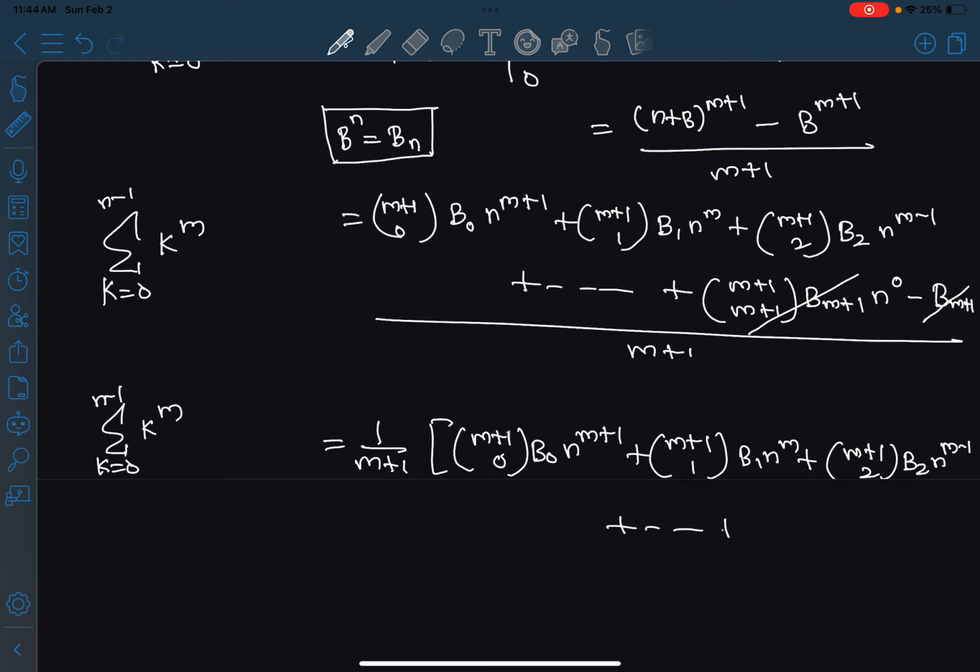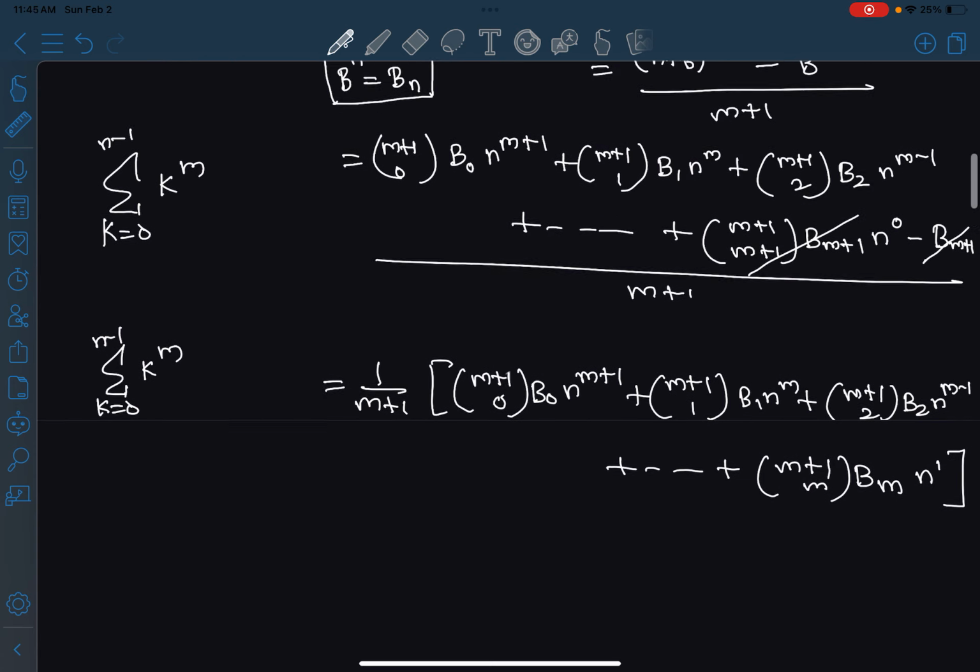And then this goes up to m plus 1 choose m, b sub m, because the last one doesn't exist, and then there will be n to the power 1, right?